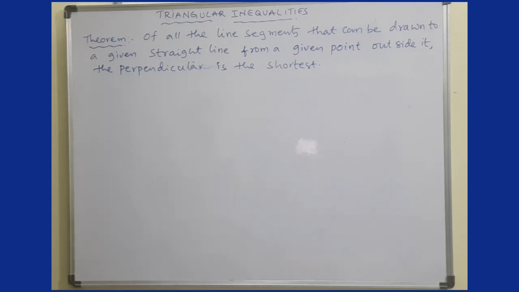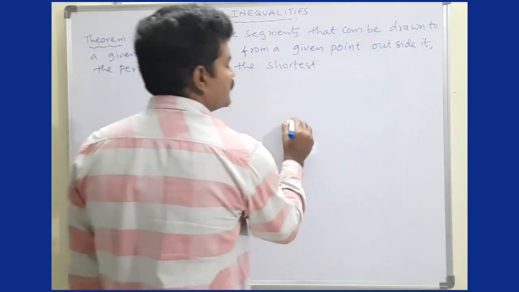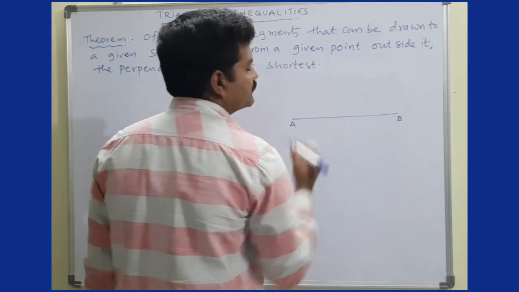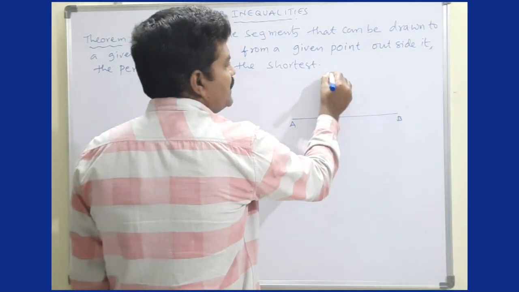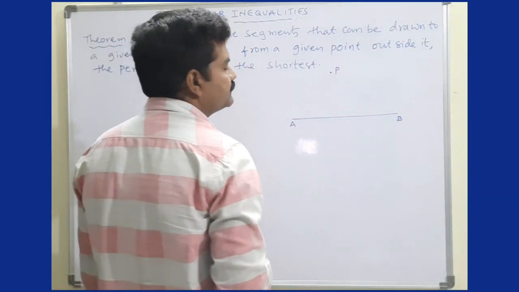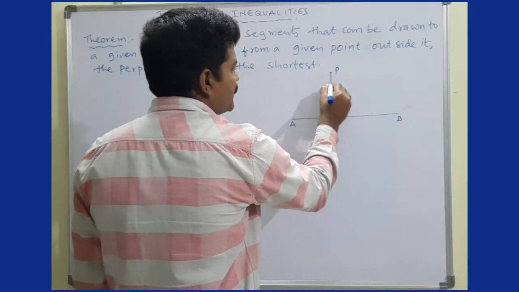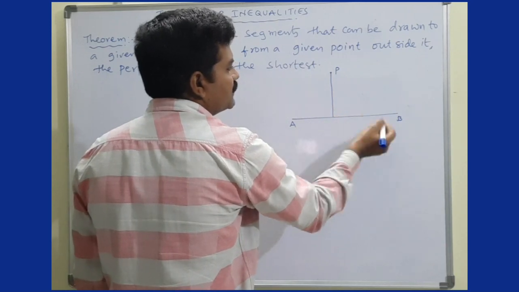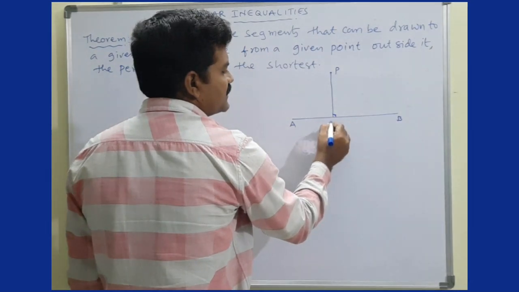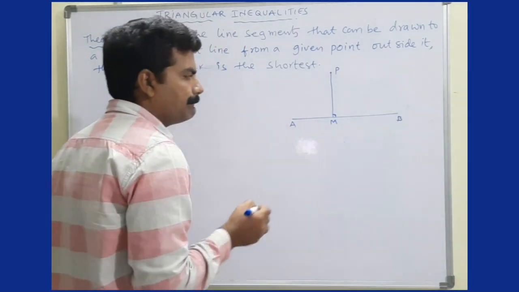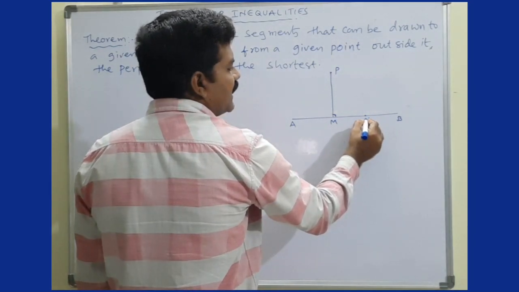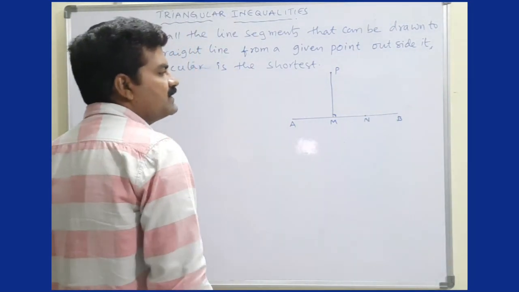For example, let there be a line segment AB. Say P is a point outside it. Now draw the perpendicular from P to this line AB, and suppose it meets at M. Assume N is any other point on the same line segment AB.